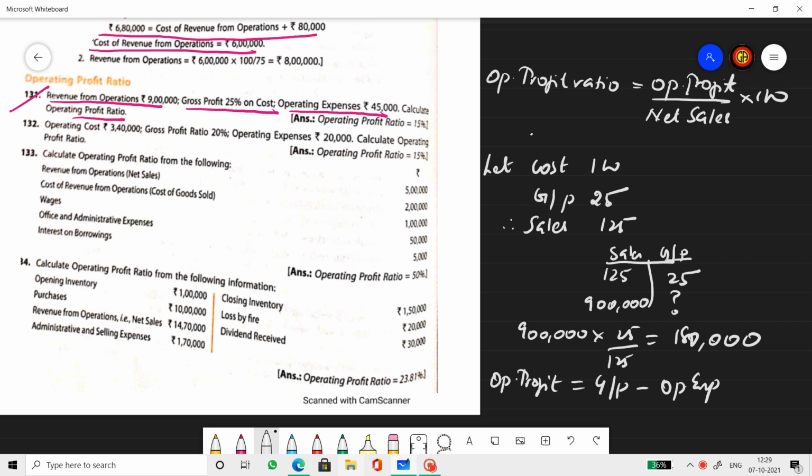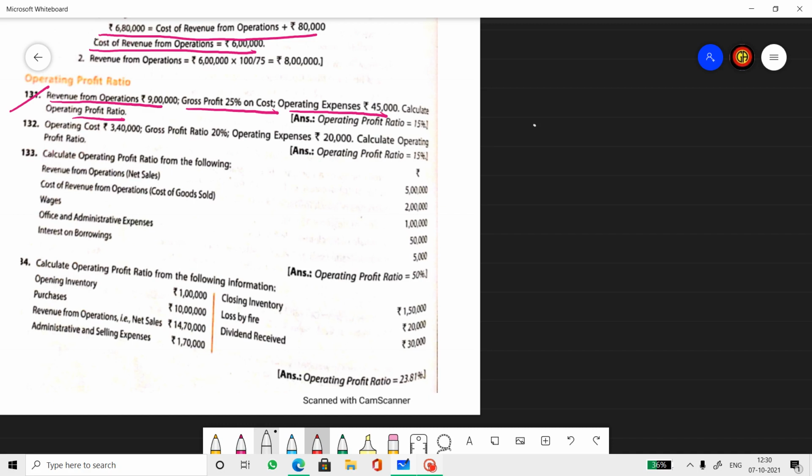So that works out to 1,80,000 minus 45,000, which is 1,35,000. Now operating profit ratio is 1,35,000 divided by net sales, which is 9 lakh, into 100, which works out to 15%.